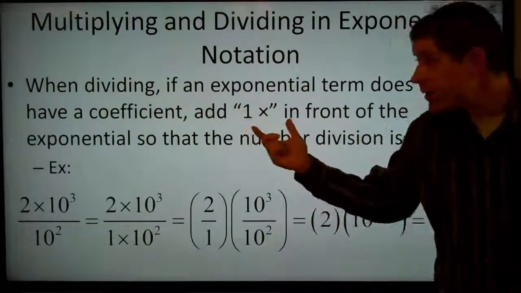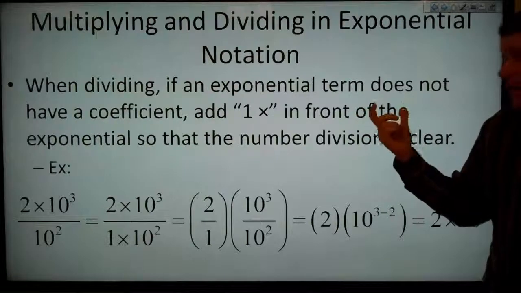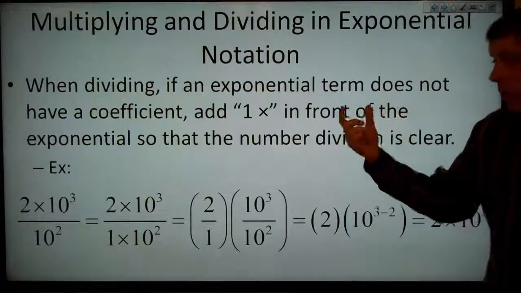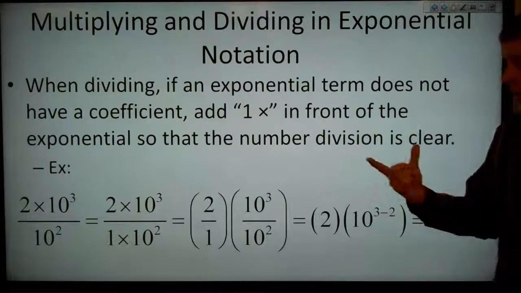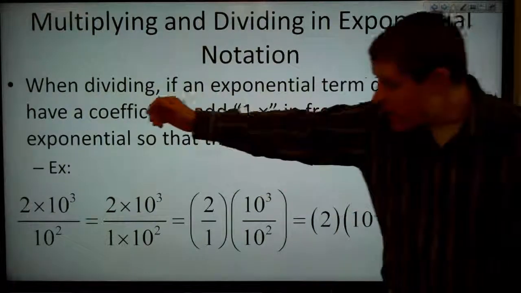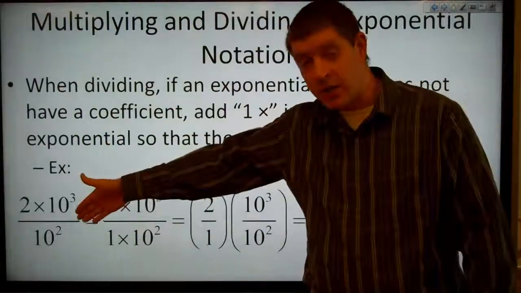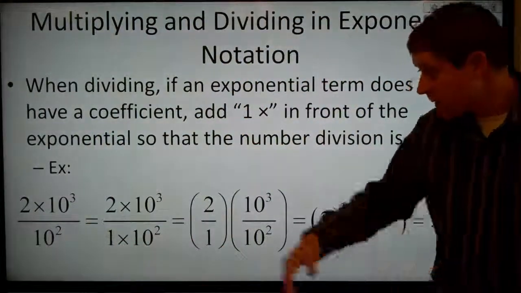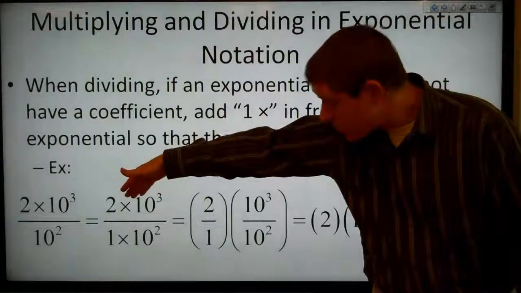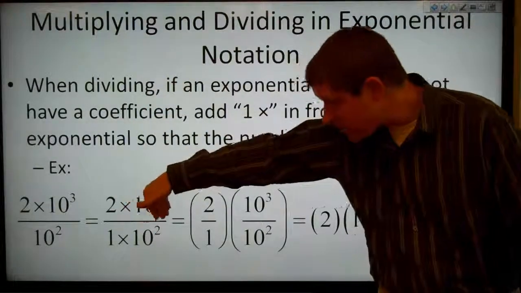So when we're dividing, if an exponential term does not have a coefficient, then we want to add 1 times in front of the exponential so that the number division is clear. So if we have 2 times 10 to the 3 divided by 10 to the 2, we're going to add a 1 times in front of that 10 to the 2. So now we have 2 times 10 to the 3 over 1 times 10 to the 2.